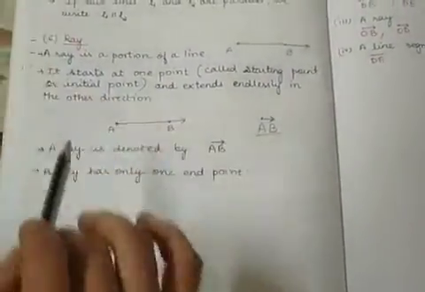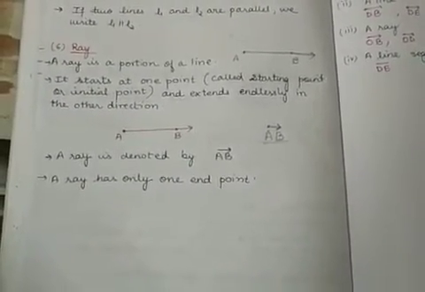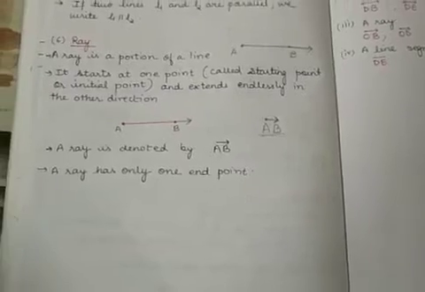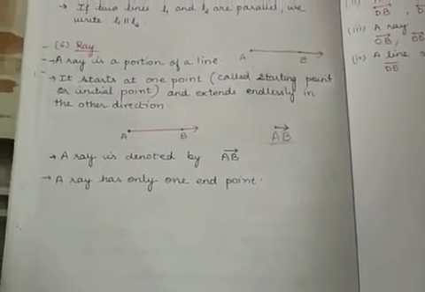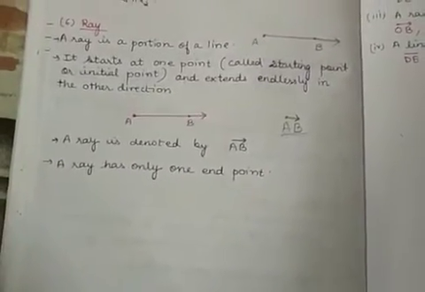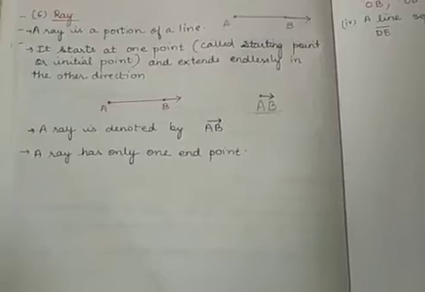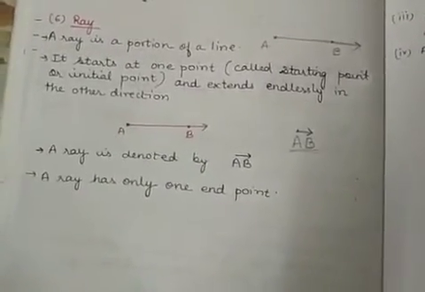So these are the different types of lines, rays and line segments. And in line, there are two types of lines, intersecting lines and parallel lines. Intersecting lines are lines which meet at a common point, and parallel lines will not meet at any point.